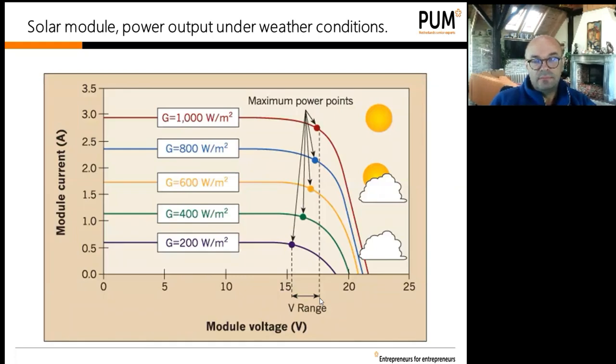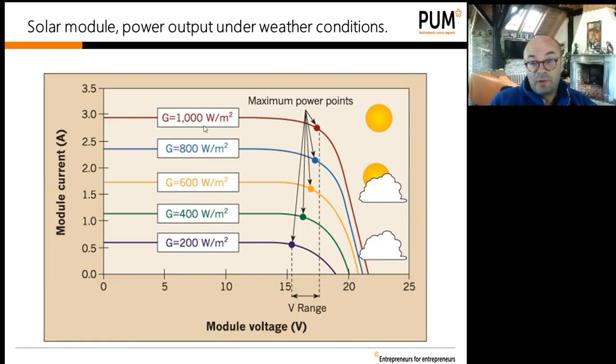Okay, weather conditions. Well, if you have clouds like here in Holland, almost all the time, rain, you have about 200 watts per square meter. The module current goes up when you have more sun. You have 1,000 watts per square meter.